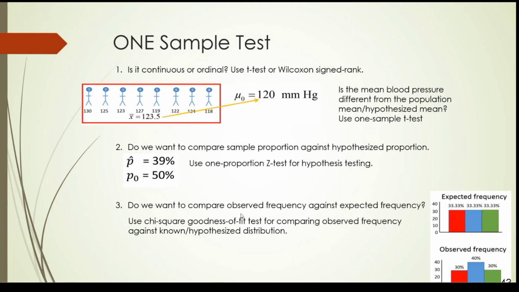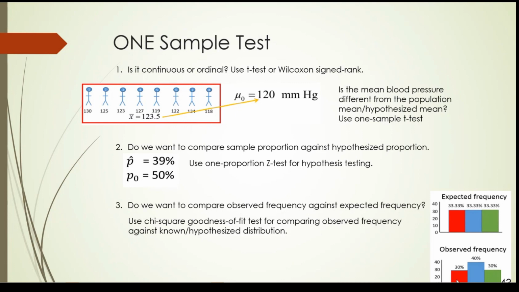Or if you want to compare observed frequencies against expected frequencies, maybe the expected frequency is what we believe. Most people believe that we should get 33.33%. But when we do the experiment, we get 30, 40, 30. So if the frequency is different, what can we say about it? We need to compare with the expected frequency, what we used to believe.